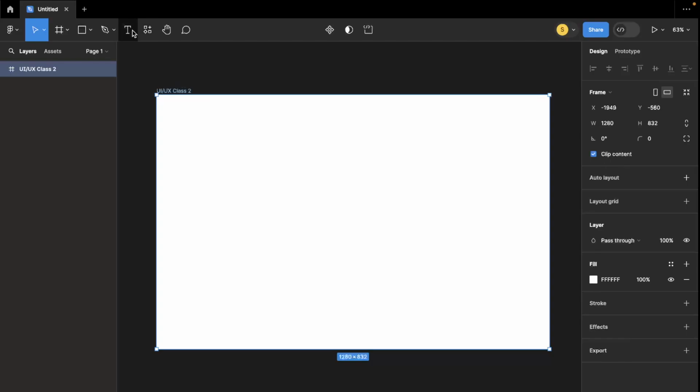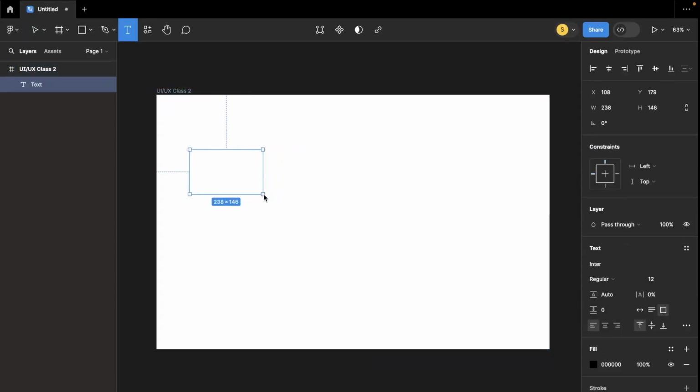First, I just want to include a text. Can we all include a text here? Click the text button and you can either draw the line like this, or you can just simply click there and it will happen. Now I've created a text box.